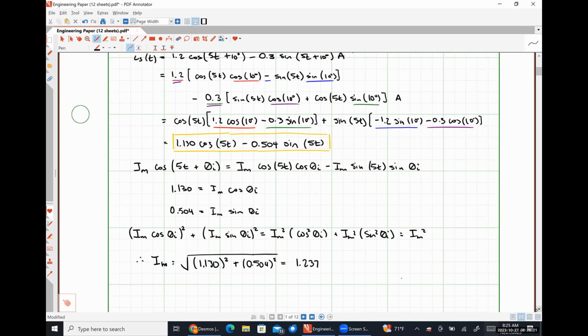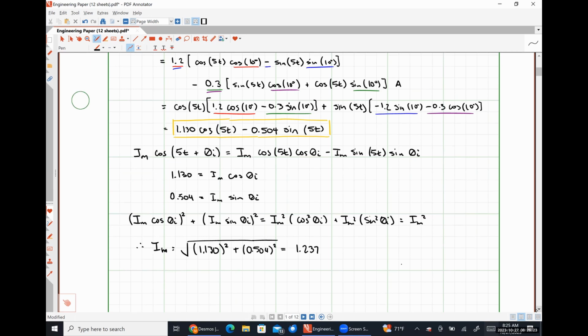To find my phase angle theta I, let me do it this other way.